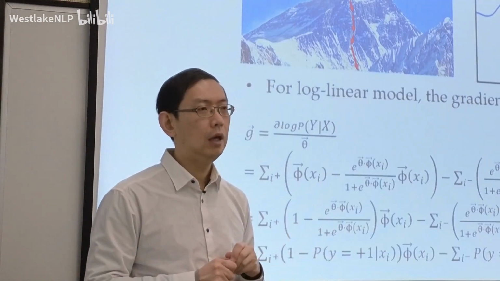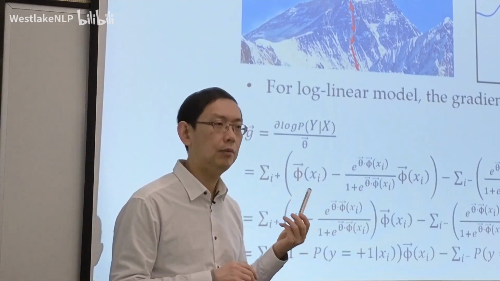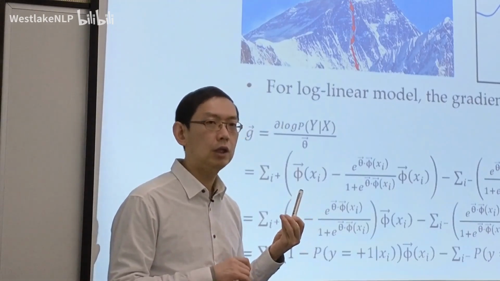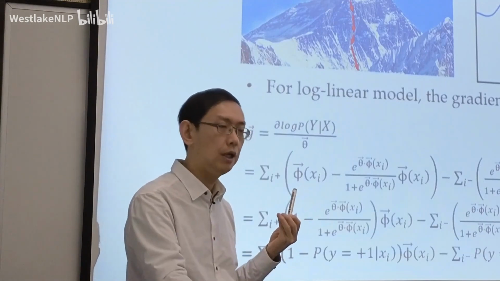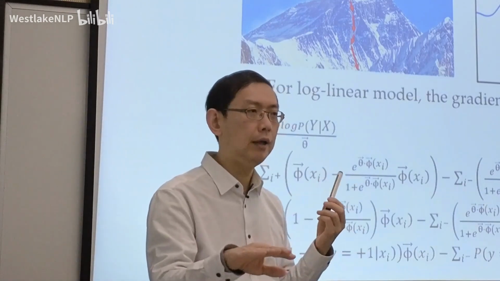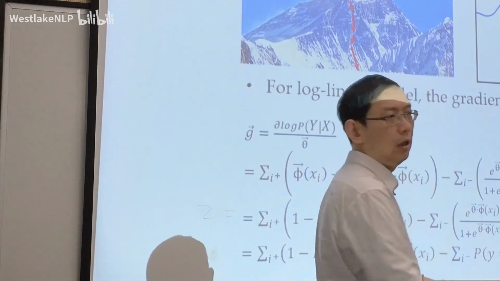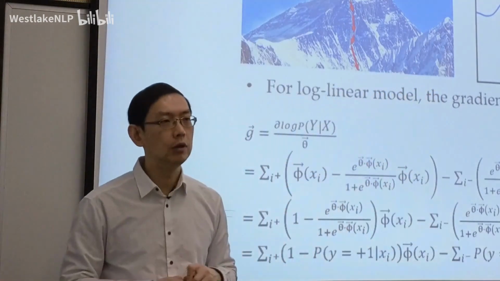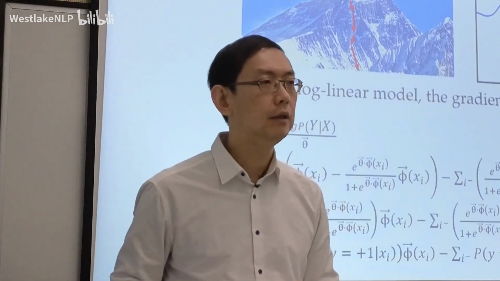The basic idea is you start from a random location, a random theta, and you climb down the mountain by changing your location a little bit, re-observing where you are, and then making one step further, until you get to the local minimum. That's the basic idea of gradient descent.